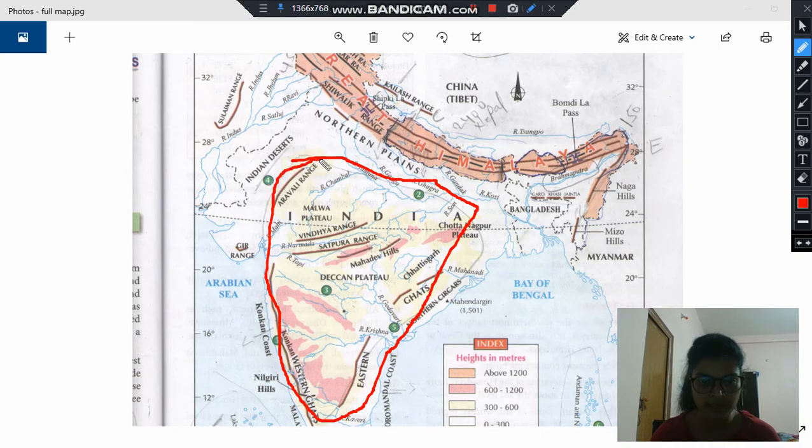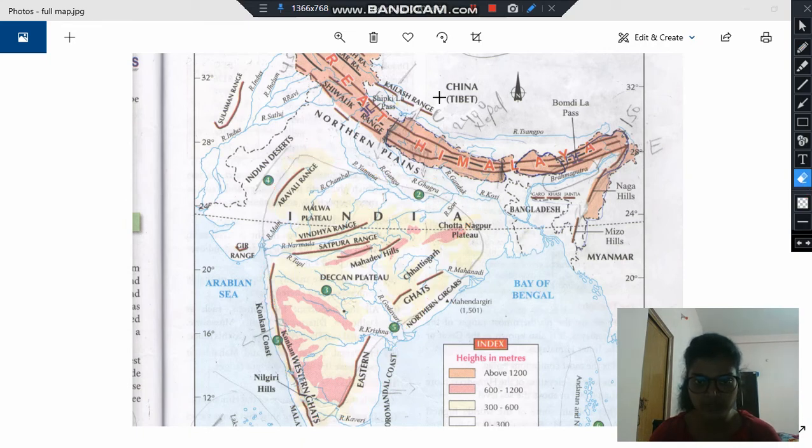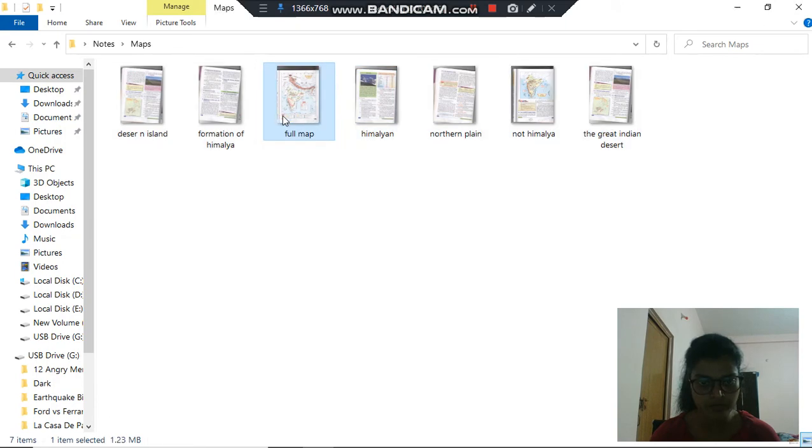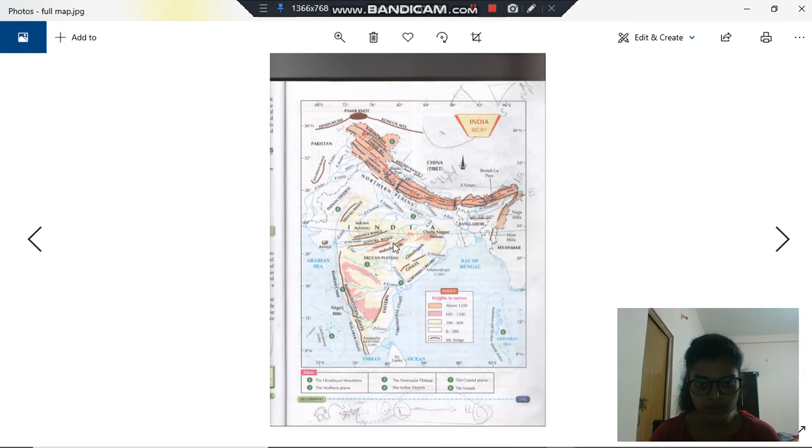Peninsular plateau is divided by the Narmada river, which is not here, it's in the next map, we will see about that. So the northern part is Himalaya, then in the south of Himalaya are the northern plains, and in the south of the northern plains is the peninsular plateau.